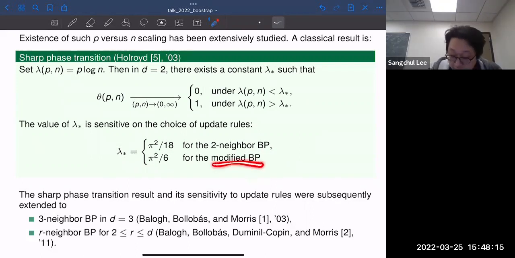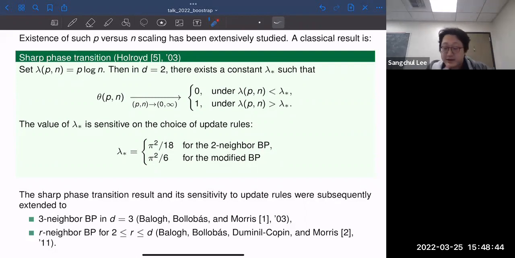And for the modified bootstrap percolation, it is precisely pi squared over 6. In other words, if n is kept below e to the lambda star over p, then this will occur, and similarly for this one.